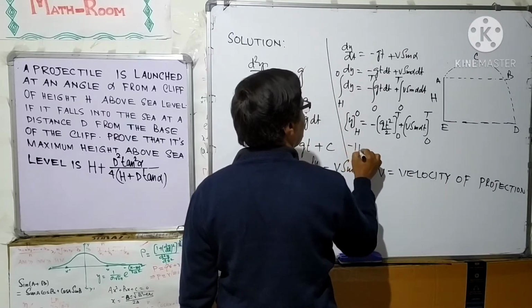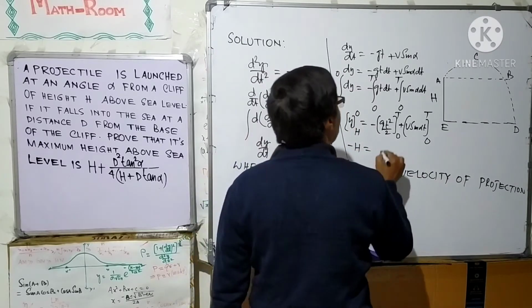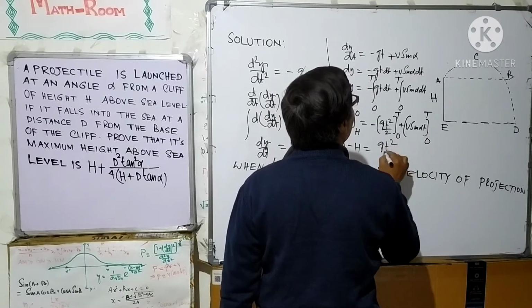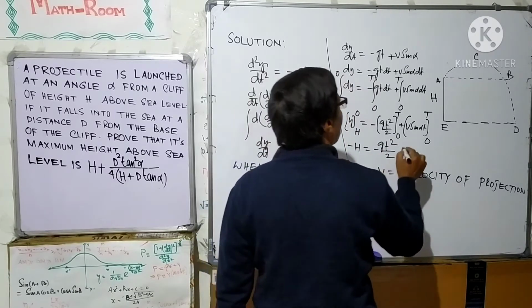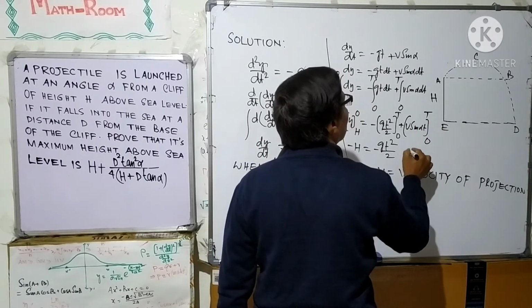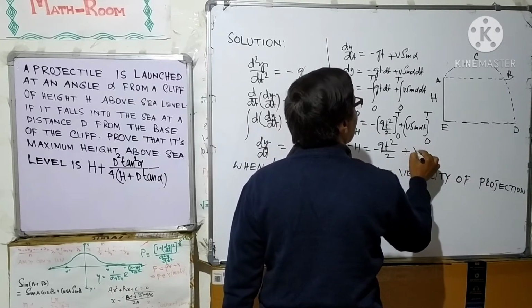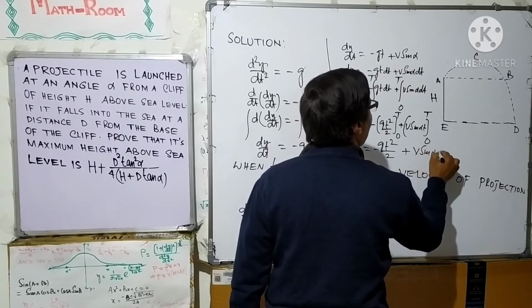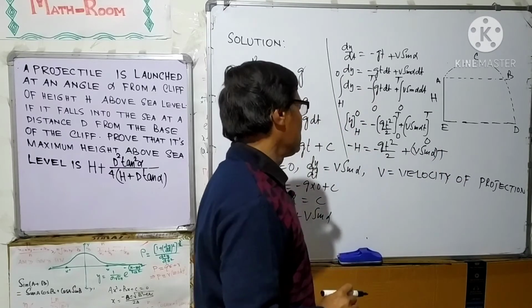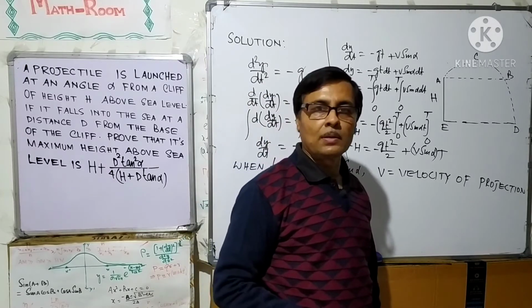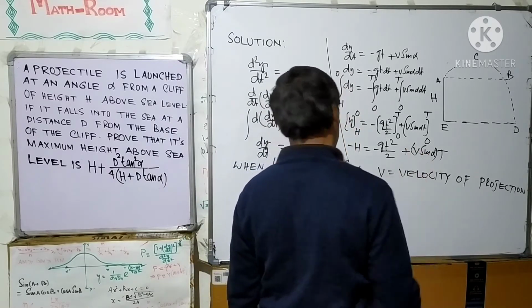So minus H equals minus g t square over 2 plus v sin alpha capital T. So minus H equals minus g t square over 2 plus v sin alpha t.